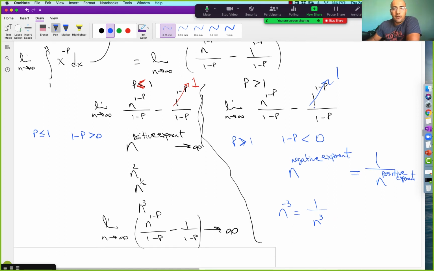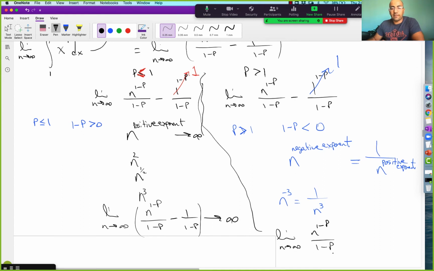So this whole thing is going to converge. It's going to go towards 0, in fact, as n goes to infinity. The limit as n goes to infinity of n to the 1 minus p, all over 1 minus p, that's just some constant. It's not being affected by the n.